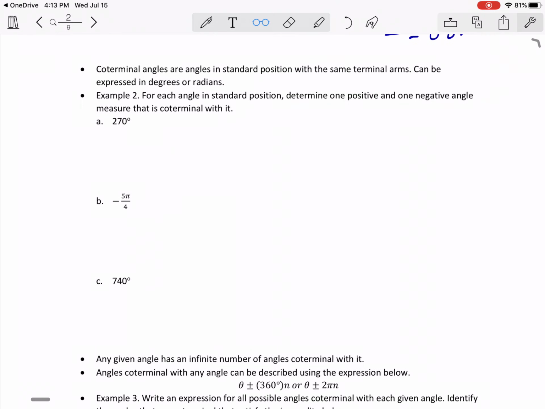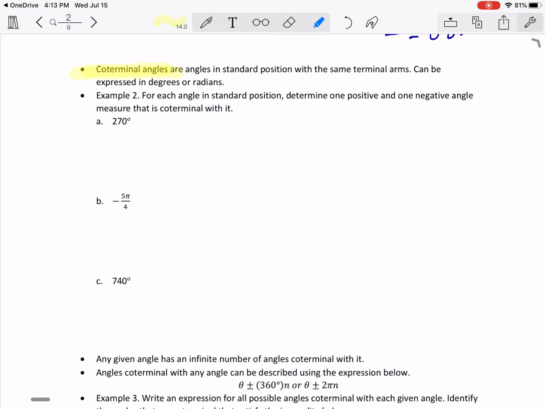Now, one thing you know about a rotation is that you can rotate more than once and end up back at the same spot. That's what this next point is referring to when we talk about coterminal angles.